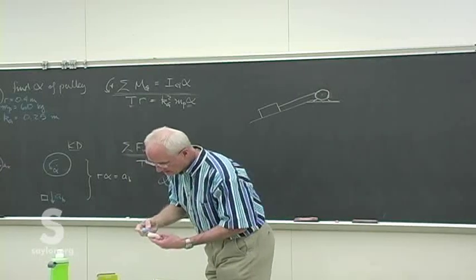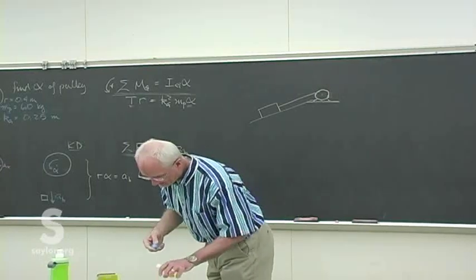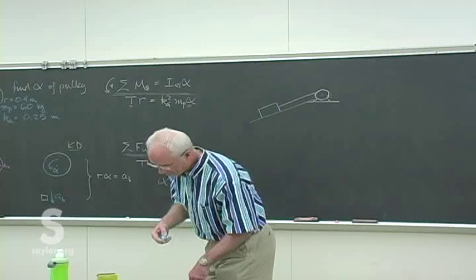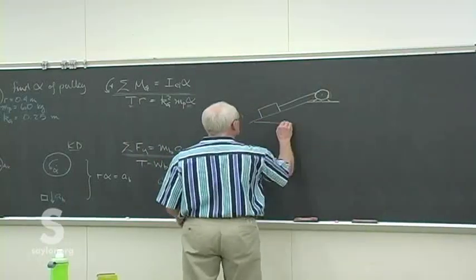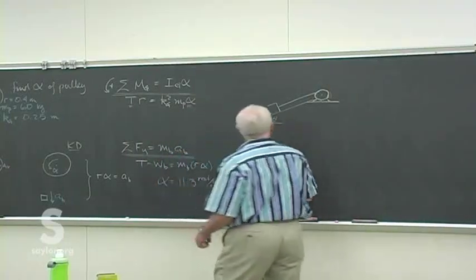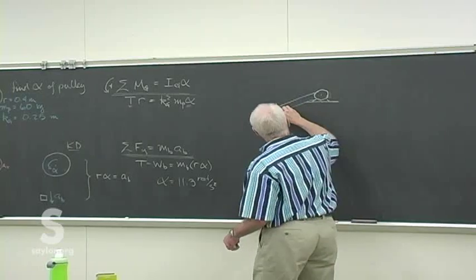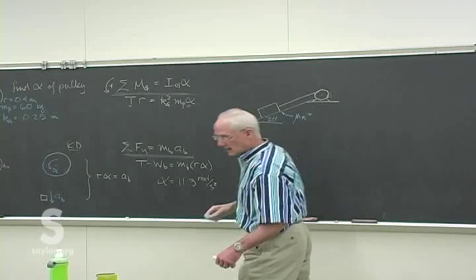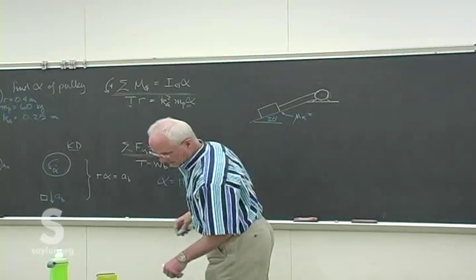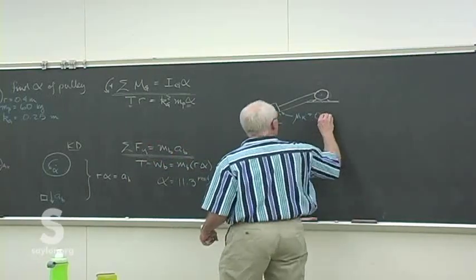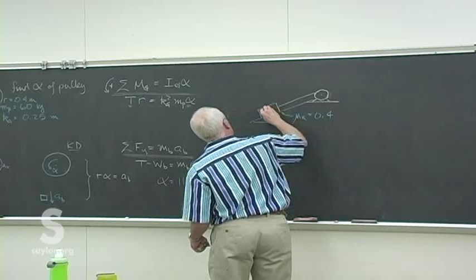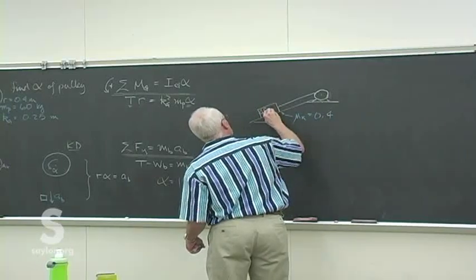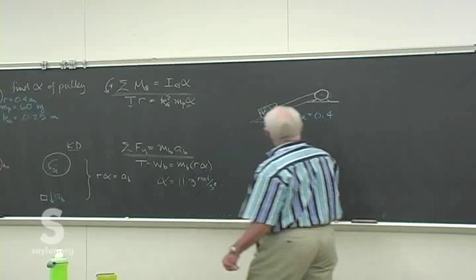And the details are: the ramp is 20 degrees. The coefficient of kinetic friction between the block and the slope is 0.4. The block is 45 kilograms.